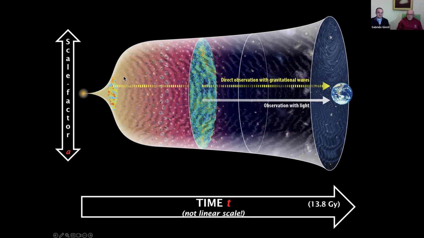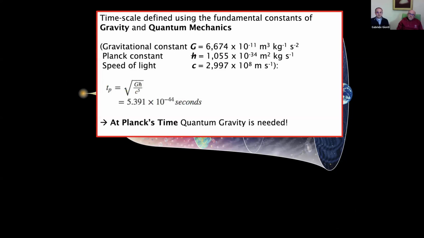And near this, in these very, very early times, in order to describe physics, you need to put together both gravity, general relativity, and quantum mechanics. And you can see that there is a time scale that you can build using the fundamental constants of gravity and quantum mechanics. So combining the gravitational constant, the Planck constant, and the speed of light, you come up with this time, which is called the Planck time.